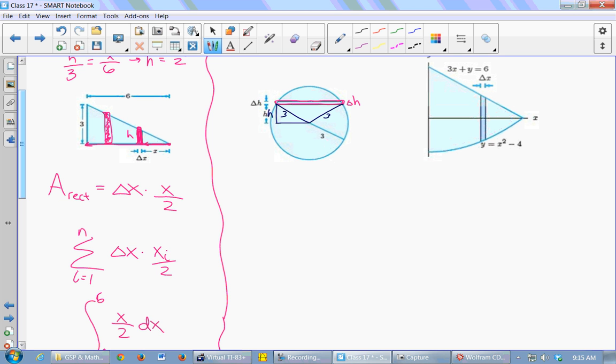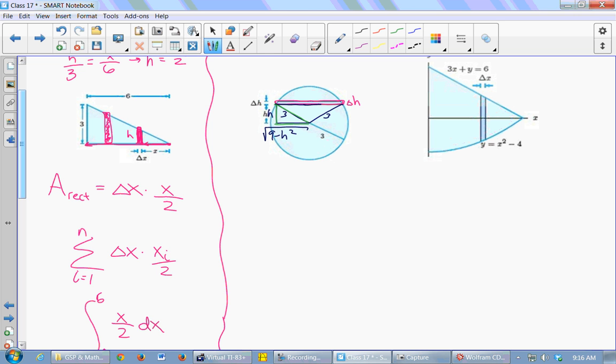So I have a right triangle now. Hypotenuse 3, height h. Can I get its base? Yeah, just use the Pythagorean theorem. It would be radical 9 minus h squared. And that is half of that rectangle, the base of that rectangle.